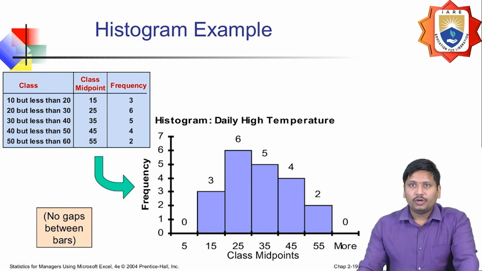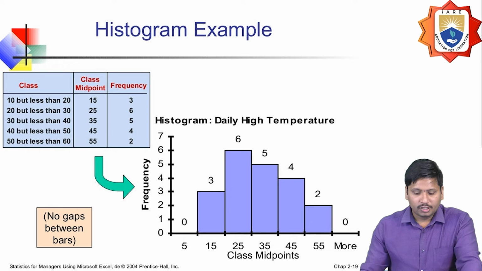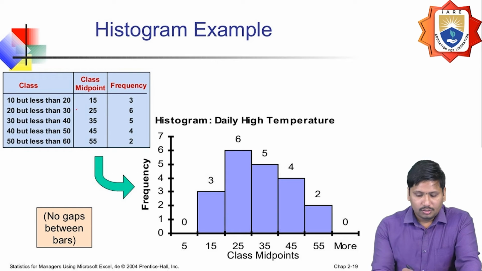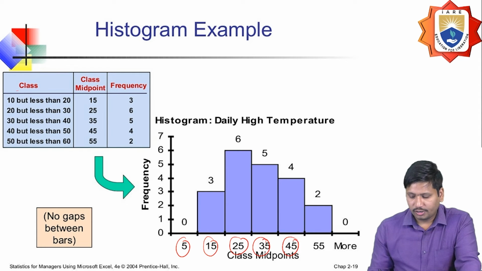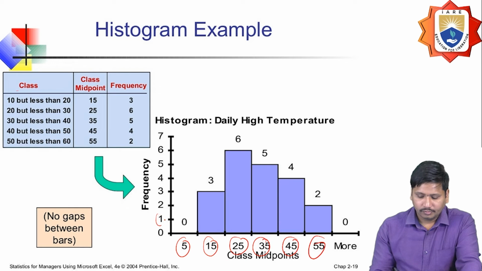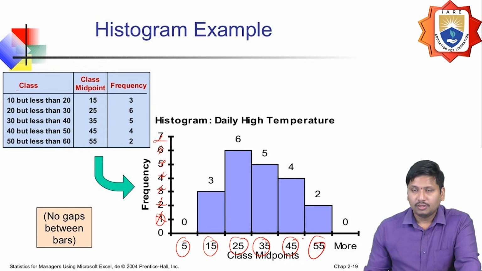So see how we are going to construct this histogram. Let me construct this histogram and identify the class. So the class midpoints are 5, 15, 25, 35, 45, 55. Take the frequencies on the axis here, right?